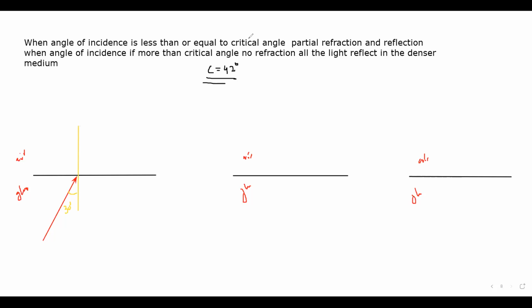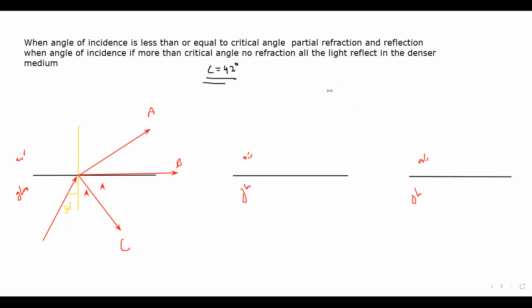So what will be the path followed by the ray? A, B or C? Which path will it follow? A, B or C? Majority.